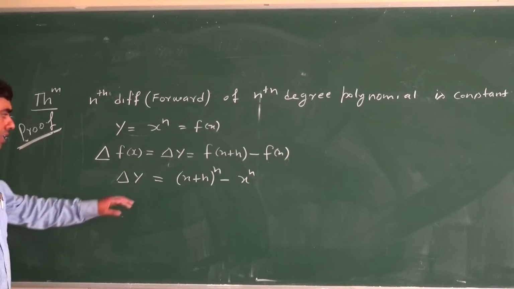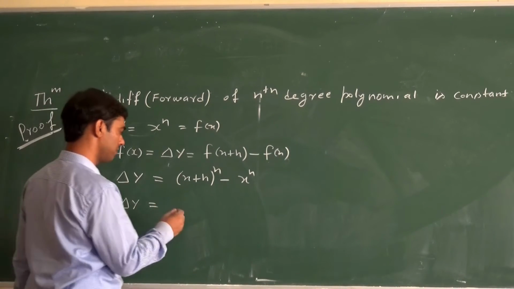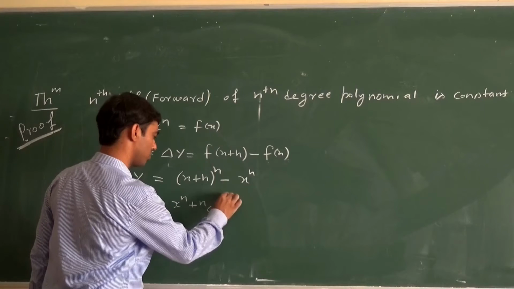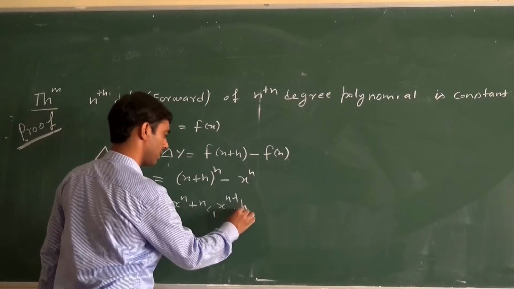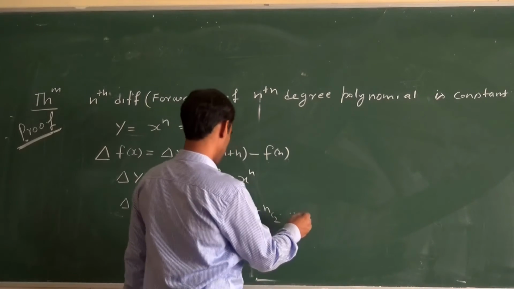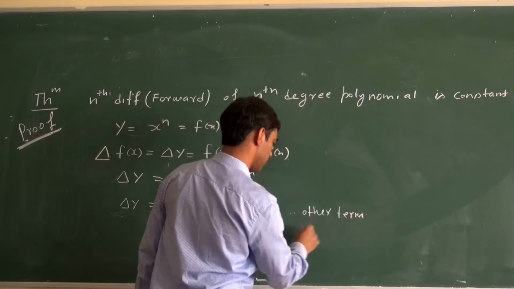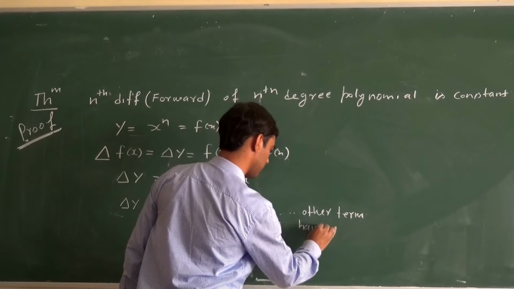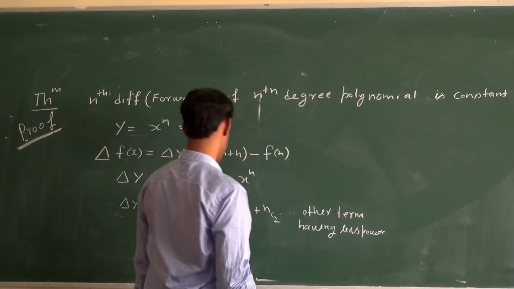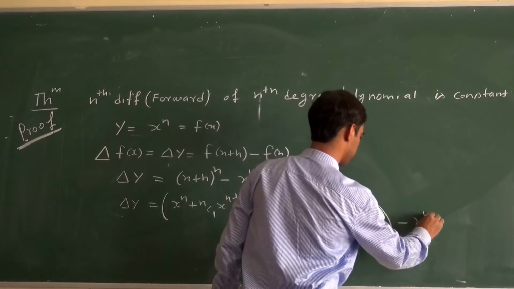So if we expand this binomially, what is the value? Δy becomes x^n plus nC1 x^(n-1) h plus nC2 and other terms of lesser power, minus x^n. This is the expansion of (x+h)^n minus x^n.